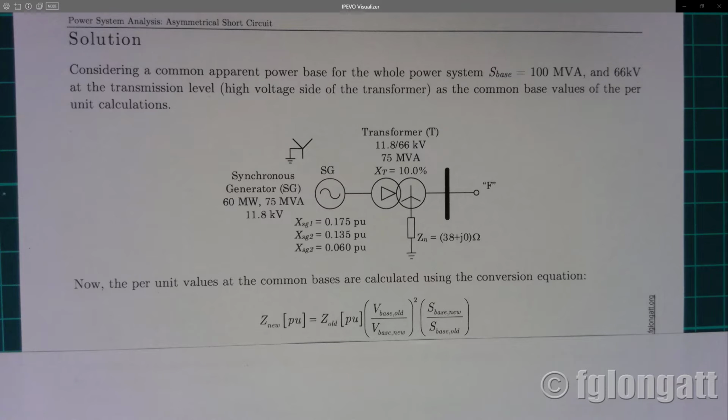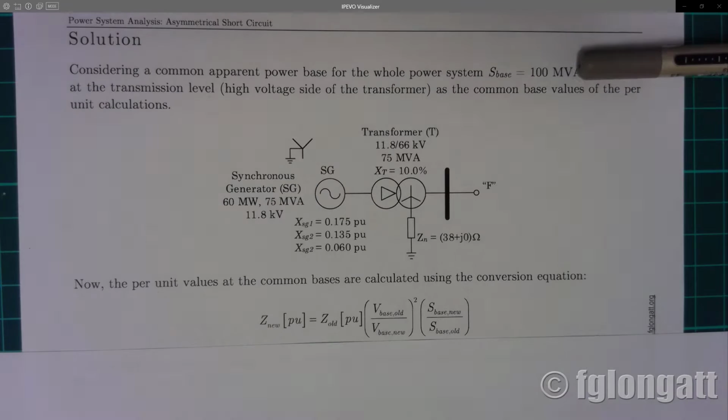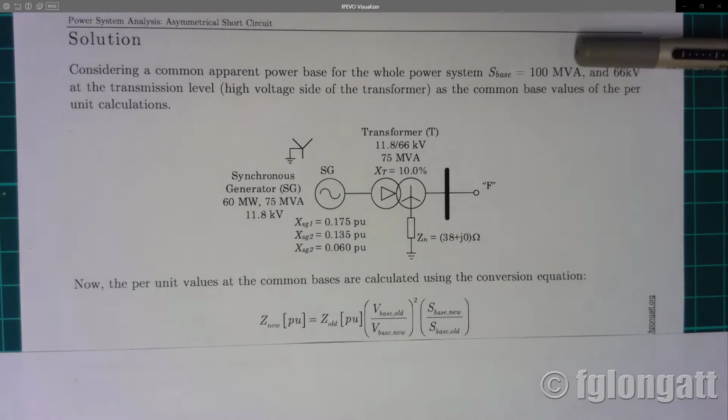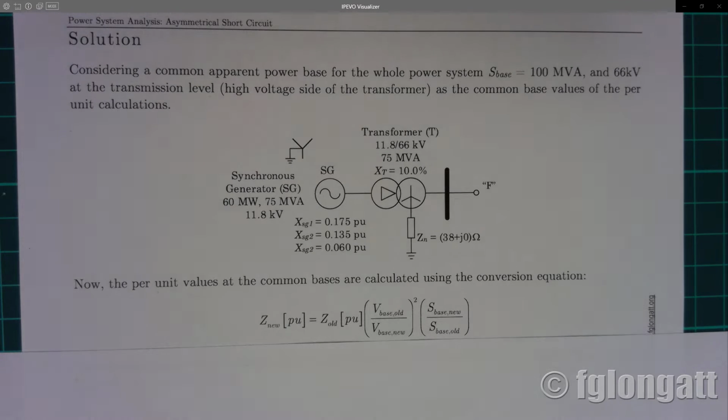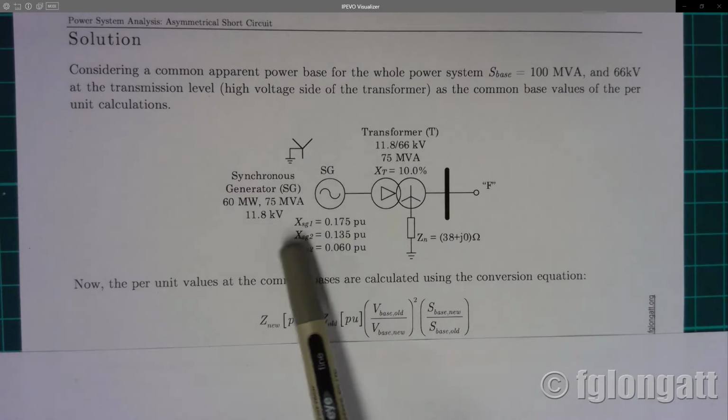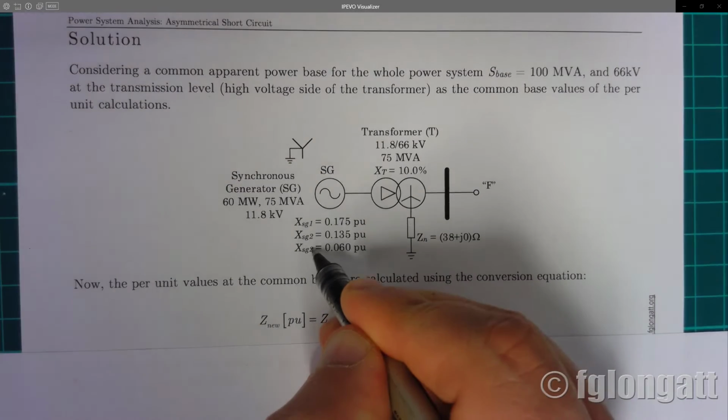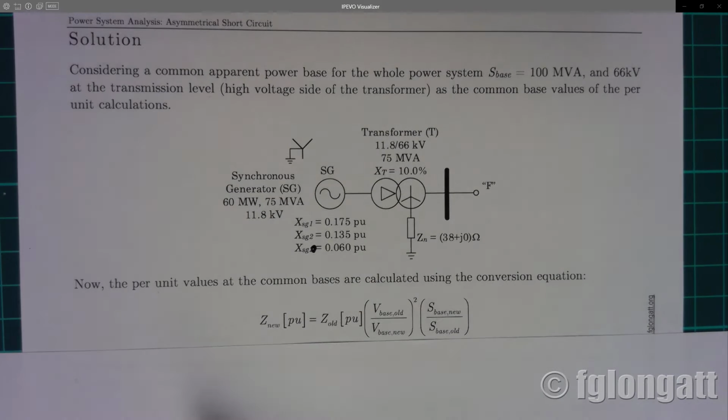In this problem, we are using 100 MVA as the apparent power base, and also 66 kV at the transmission level, that means the high voltage side of the transformer, as common base values for the per unit calculations. Those per unit values here, sorry, this is zero sequence, must be transformed into the new base system.